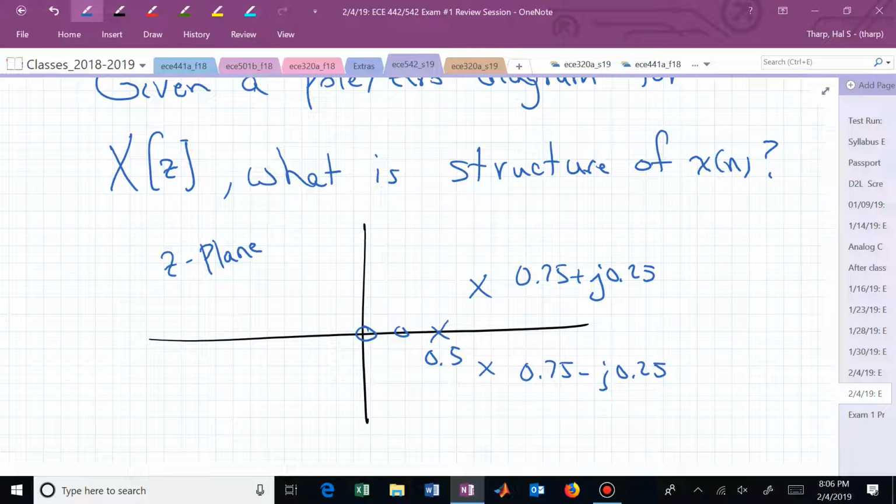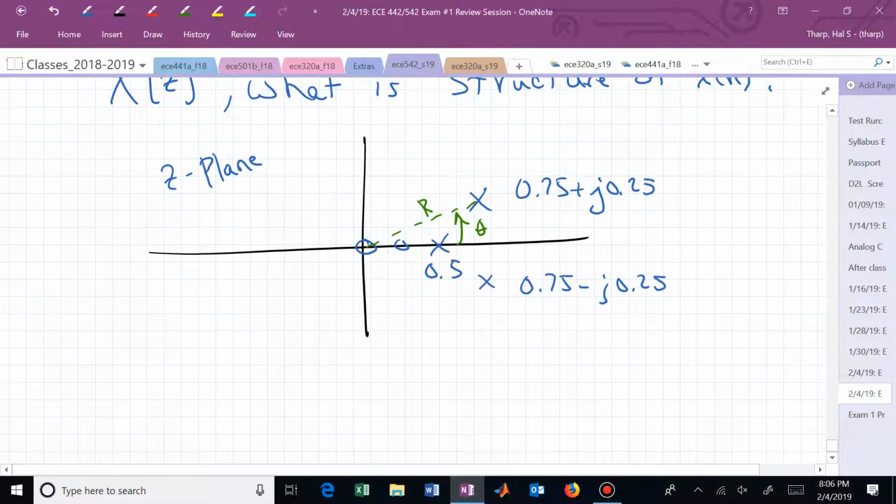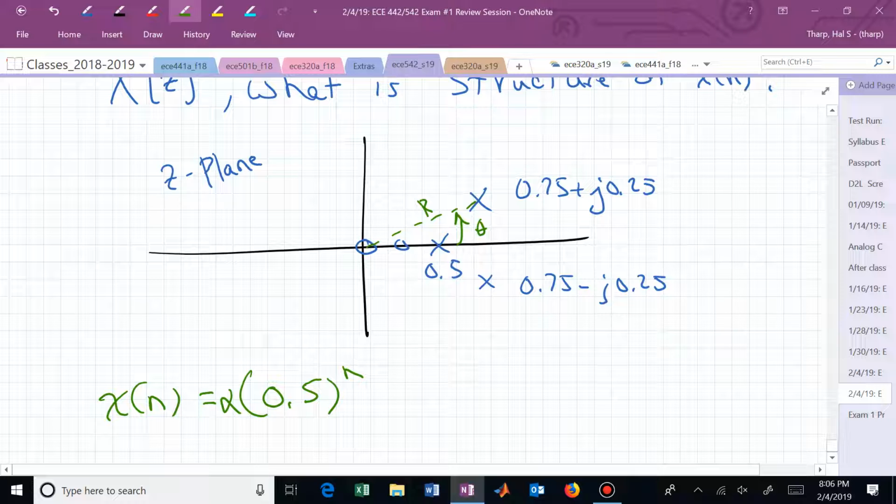So now there's the angle and there's the radius, so that your response, which was an x of n, would be 0.5 to the n with some scaling, alpha 1, plus an alpha 2, r to the n cosine of, now let's just say, theta n plus some gamma.